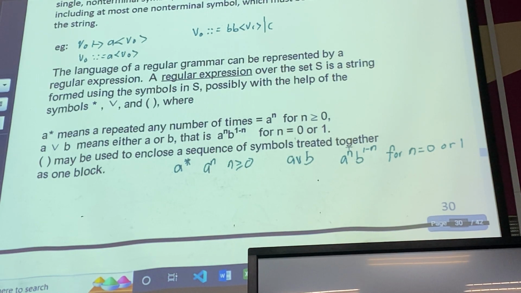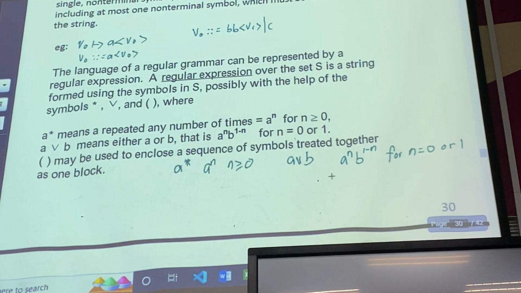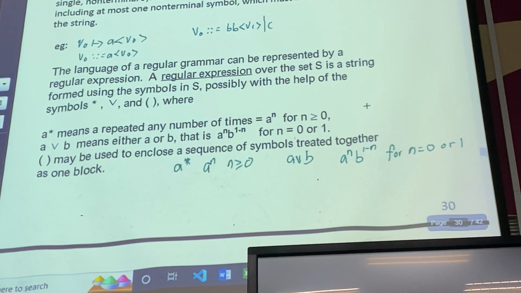This is another way to write A or B. So two ways for a regular expression, how do we want to write A or B? Yeah?